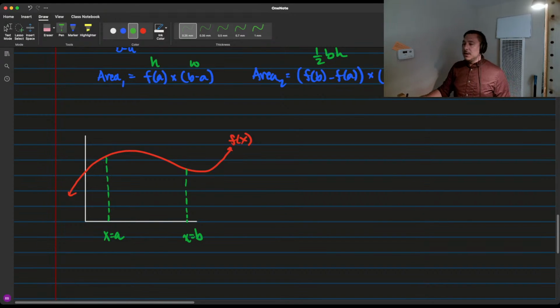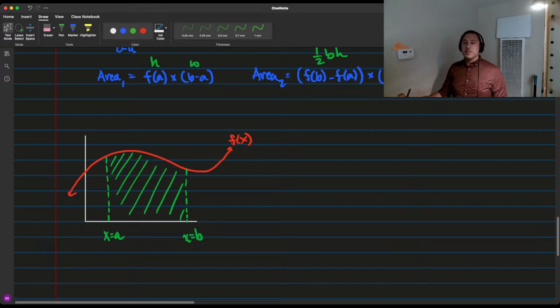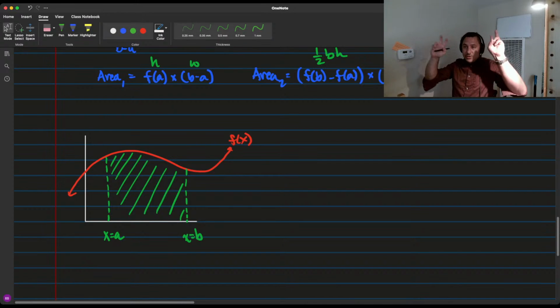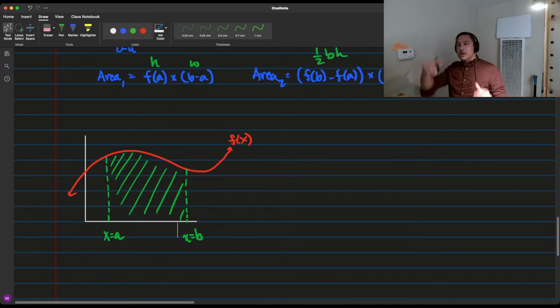The area you want is this stuff. But can you split this up into elementary shapes? No, because you have that curved top.